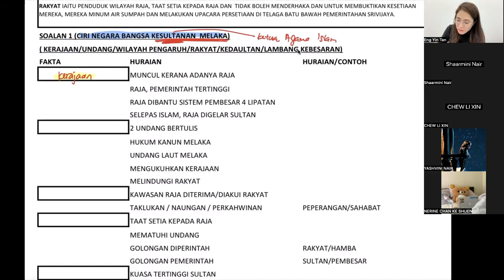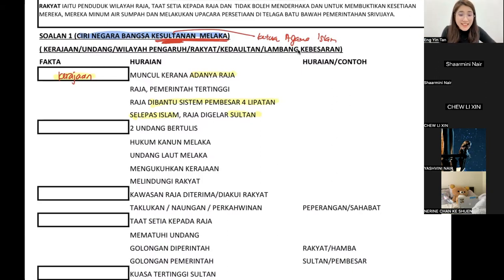So the explanation is because in this kingdom, we have the king. We have the king, we have the pembesar. Melaka is very famous with their system pembesar 4 lipatan. And then after Islam, you can see because of Islam, they call themselves Sultan. Boleh faham? So you see, just now I told you guys, the moment you see Sultan, you know that it's Islam. Like this, if you mention it here, you get 1 mark.